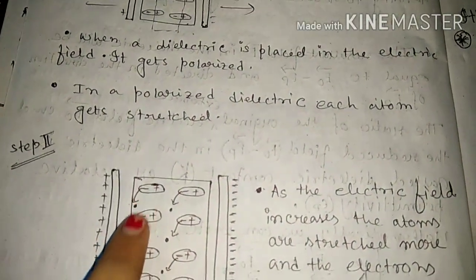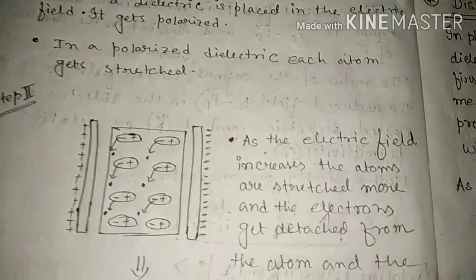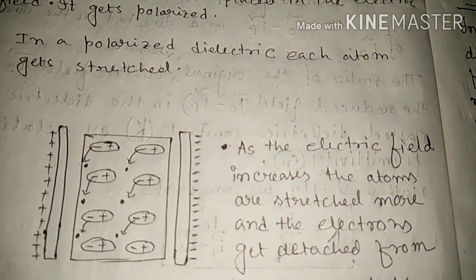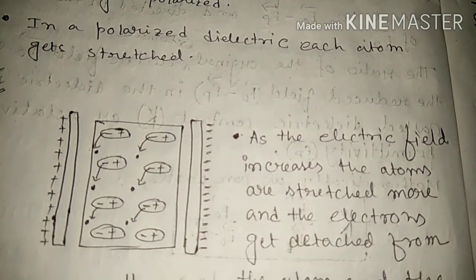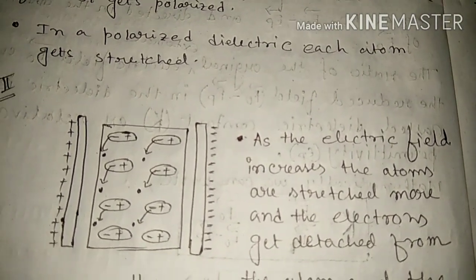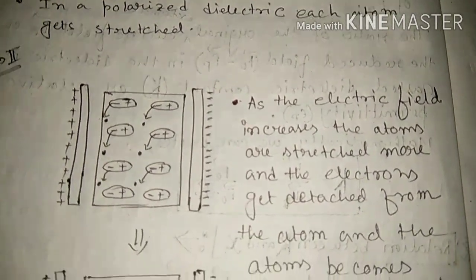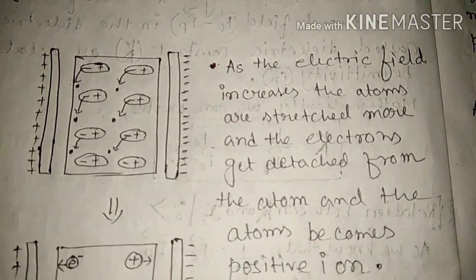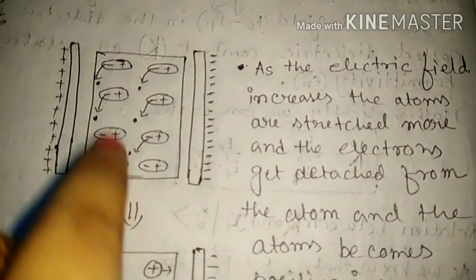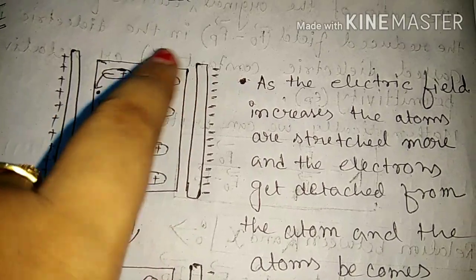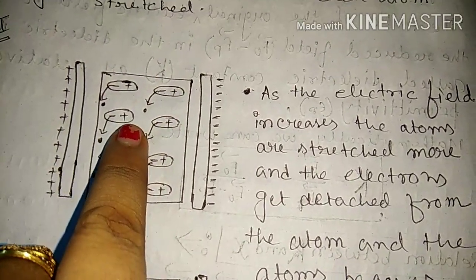These negative charges stretch more and more. So the electrons from the atoms, the outer shell electrons, detach from it, and it behaves as a conductor. That means when it detaches from the atom, it becomes a free electron, and it moves inside the dielectric slab.